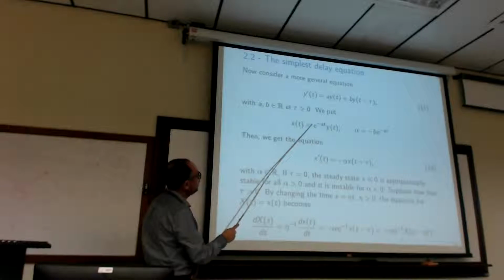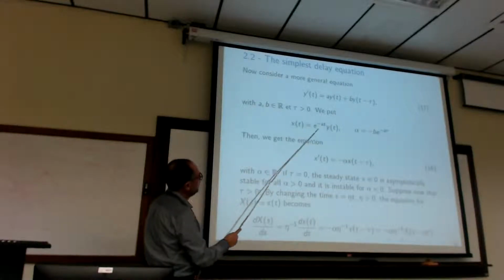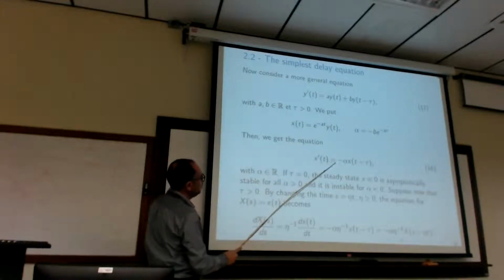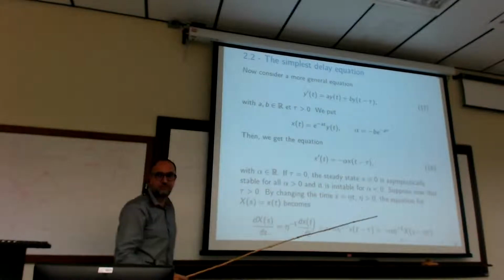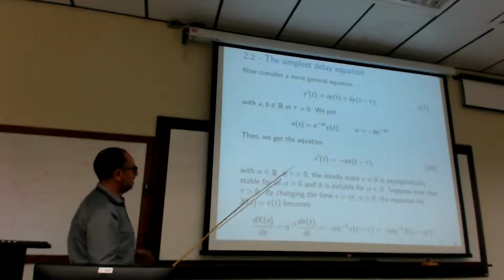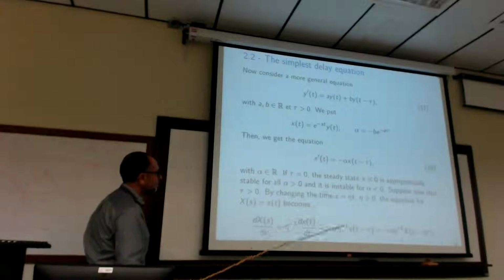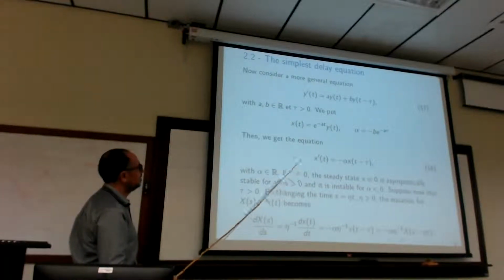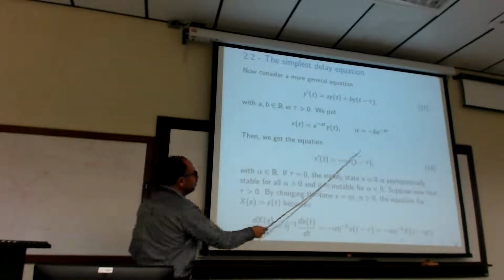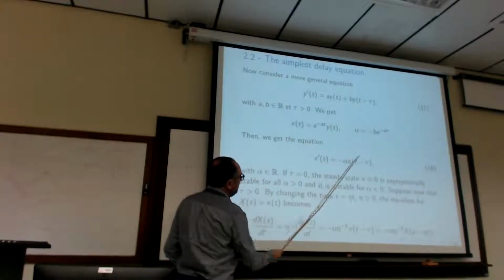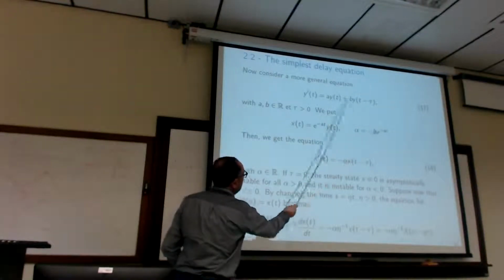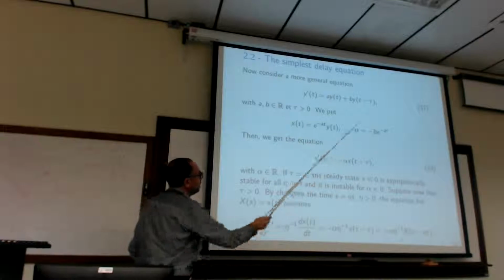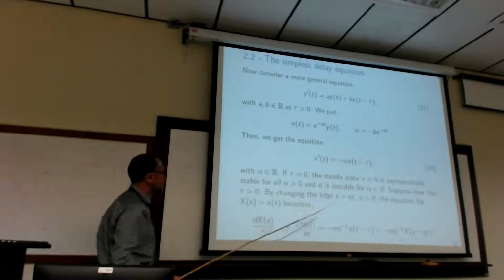And you can do it the other way. You take y of t equals exponential times x, you start from here and you obtain this. Now, of course, we know the parameter alpha here using the other parameters, and tau, the delay, is the same.